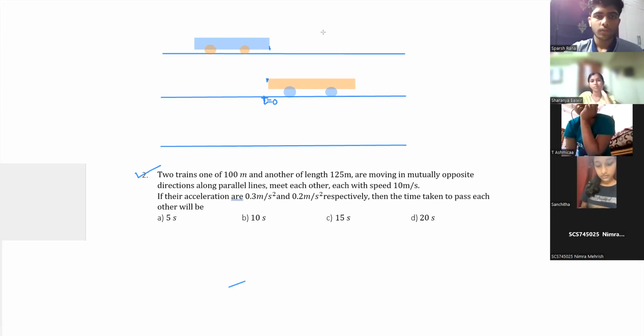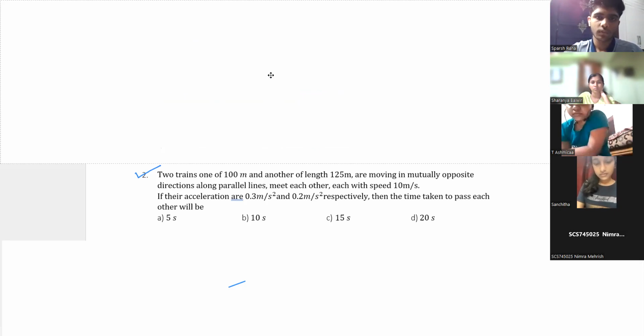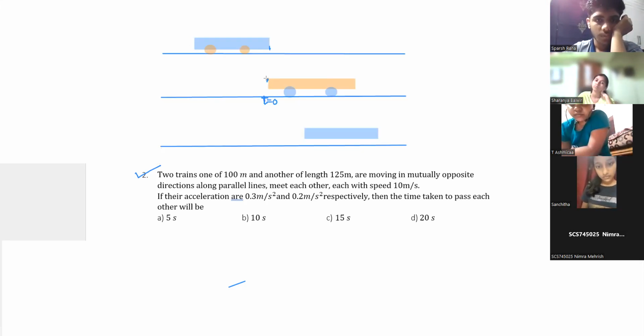It will be somewhat like this. Yes or no? Aisa kuch hoga ye, theek hai?